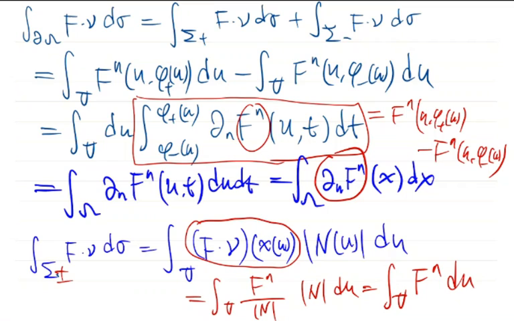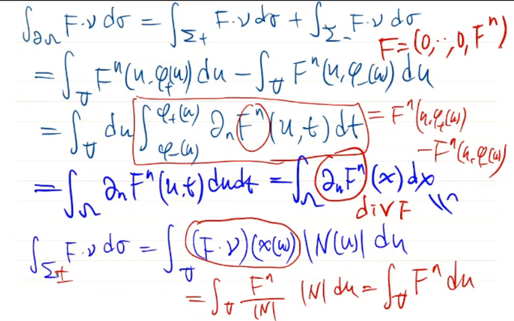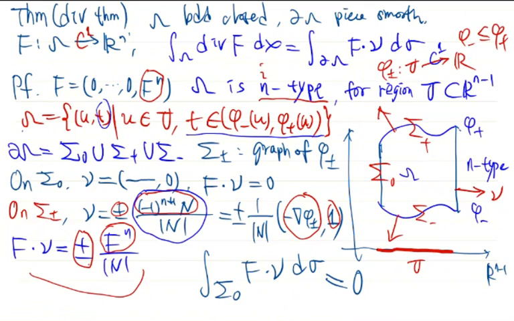But because our capital F is 0 except for Fn, the partial derivative is precisely the divergence of F. So the last step equals the integral of the divergence of F. So for our special case, that is, for a vector field F of this form and a domain of n type, our result is true. The divergence theorem is proved.